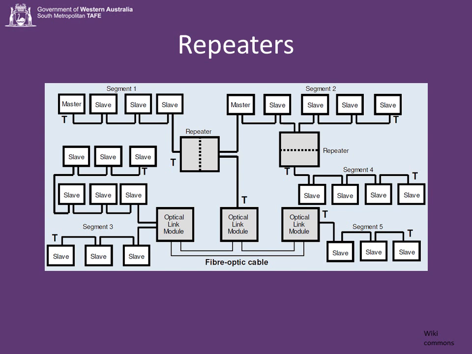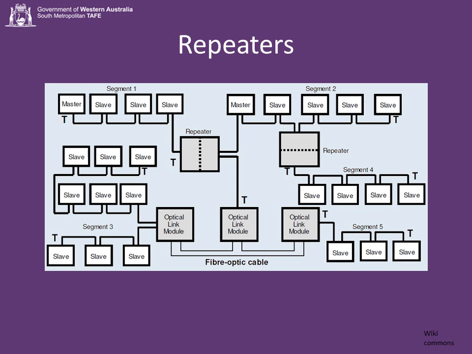Sometimes when we need to extend the signal, we can either use a repeater or a router. What a repeater does is, well, it repeats. It takes a very low power signal in, and it just boosts that signal up and sends it out. The problem with a repeater is it just boosts everything.